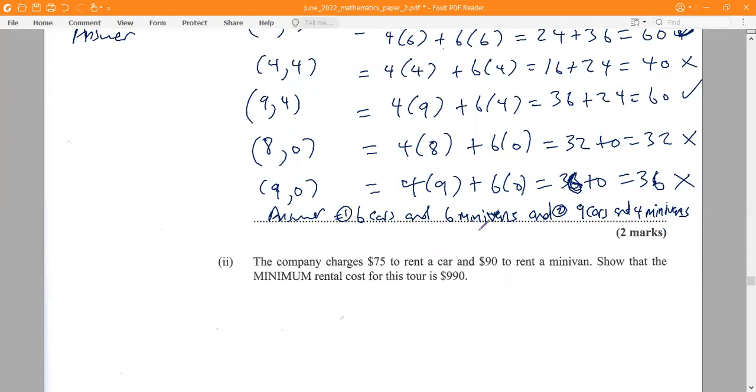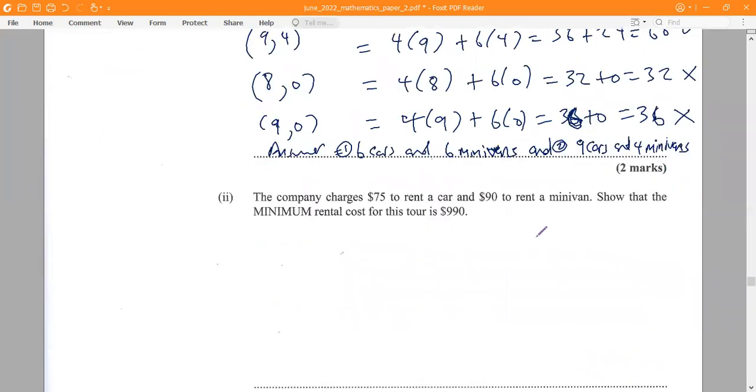The company charges $75 to rent a car and $90 to rent a minivan, so that the minimum rental cost for the store is $990. So we have the two combinations. For 6 cars and 6 minivans, $75 to rent each car and $90 for each minivan.